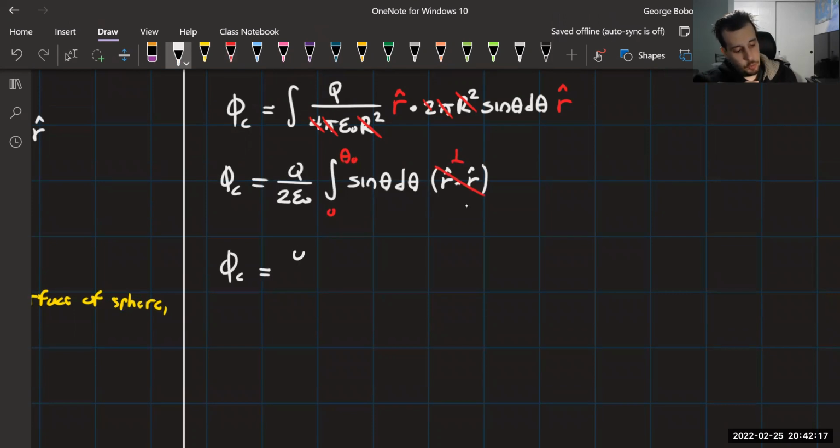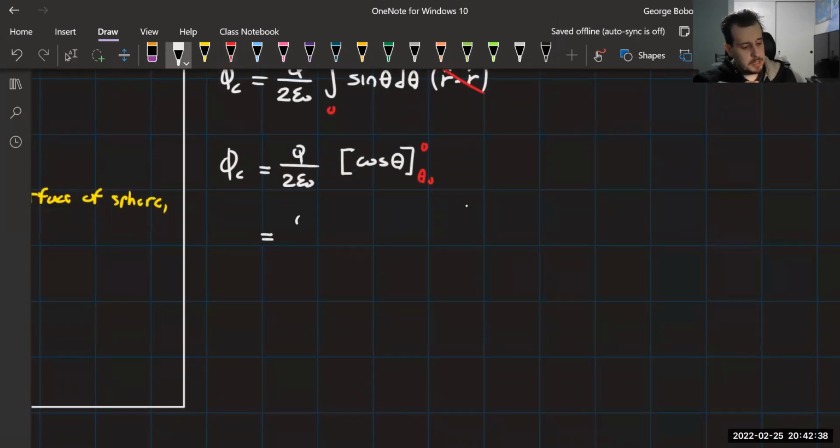So we got again the q over 2 epsilon naught. We got again our negative cosine of theta from the integral. And we're evaluating this in the theta world right now, where we were told by Natalie. But I'm going to absorb the negative sign on the bounds and flip them. Why not?